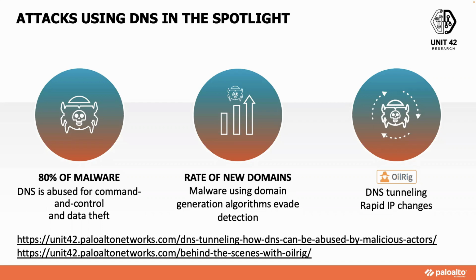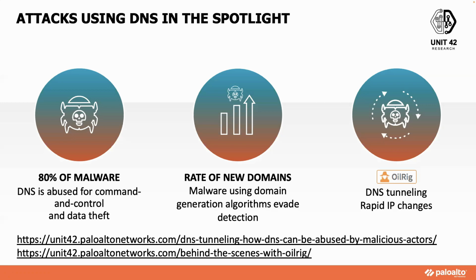Now, we've got some great links here at the bottom from our threat intelligence team, Unit 42. Great information, great stuff. We've got more detailed information about DNS security that you can look at. Unfortunately, we can't spend a ton of time here.